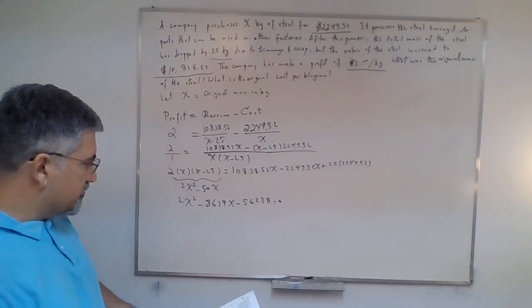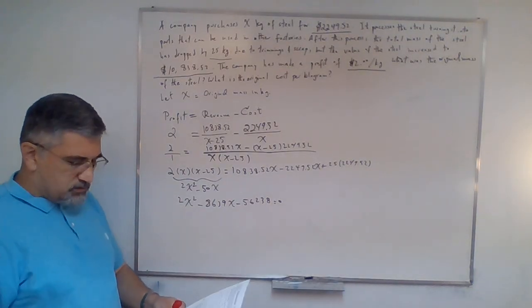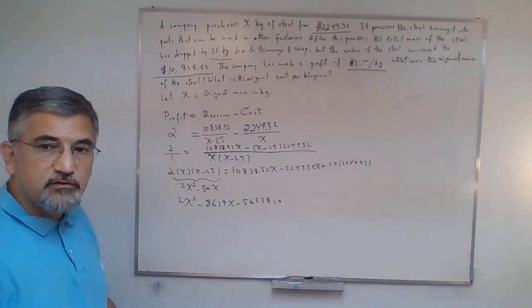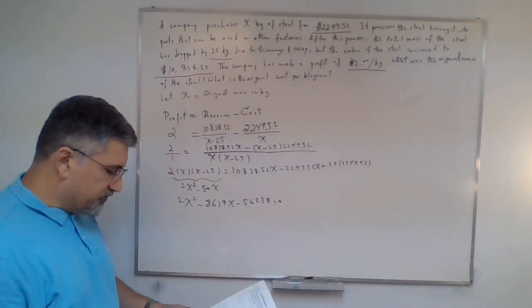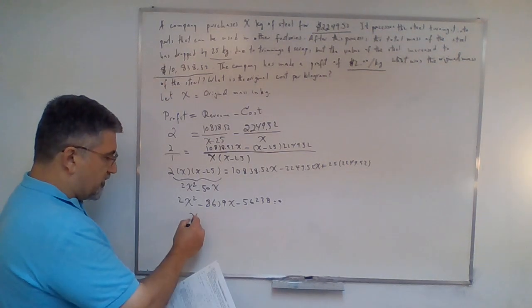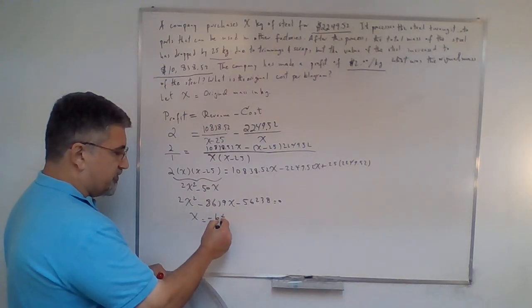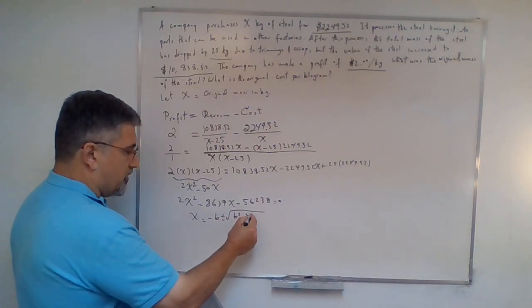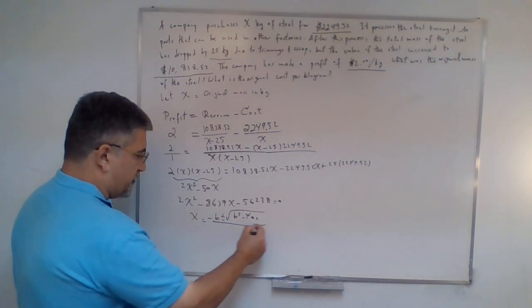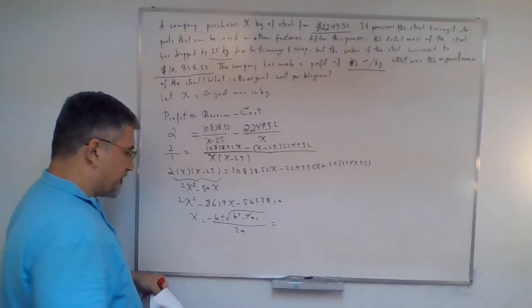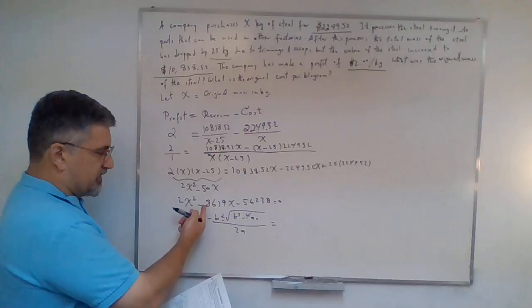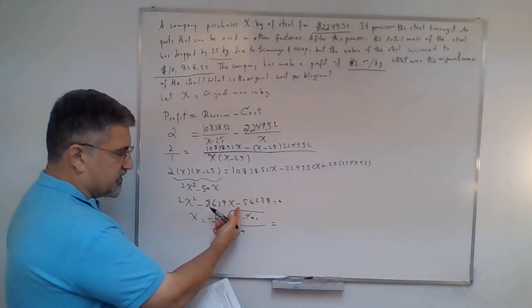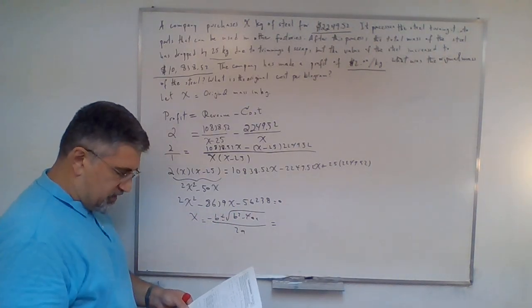And I know that these numbers are large and it's not that easy to use factoring method of solving quadratic equations. Therefore, we will just use the famous quadratic formula, which you know the formula, of course. So we have A is 2, B is negative 8,639, and C is negative 56,238.